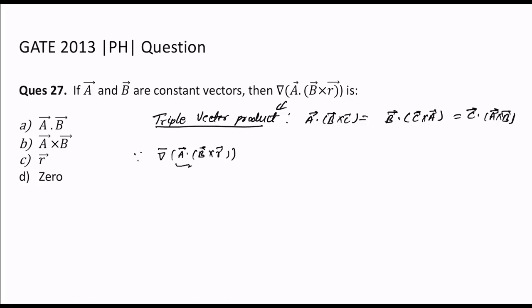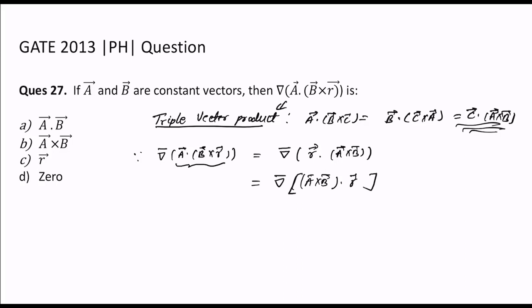So using the triple vector product we can write this quantity in brackets as R dot A cross B. And since the dot product is commutative in nature, R dot A cross B is nothing but A cross B dot R.